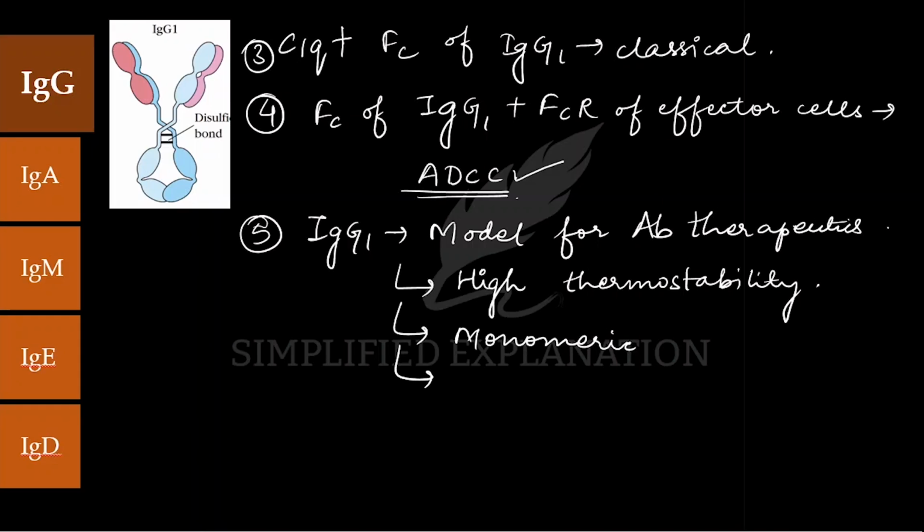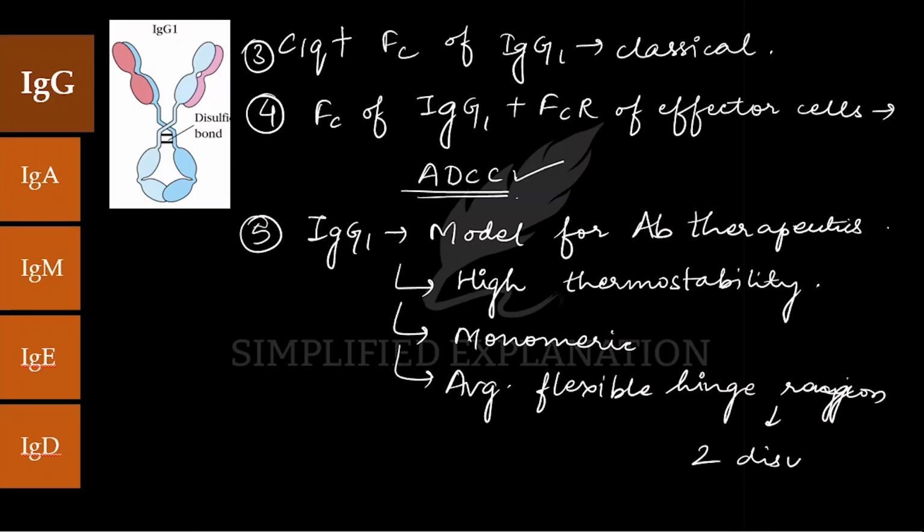And the most important thing is that it has an average flexible hinge region, which contains around 2 disulfide bonds. So these are the properties of IgG1 which make it very useful for antibody therapeutics.